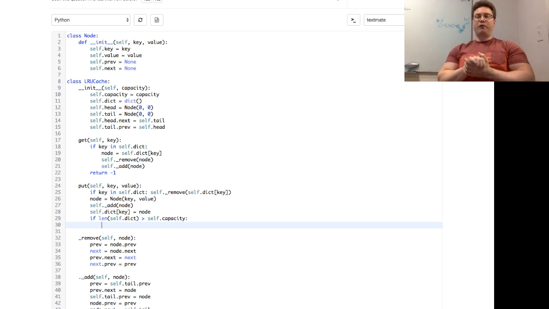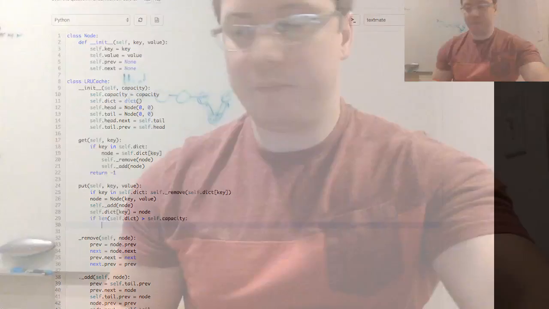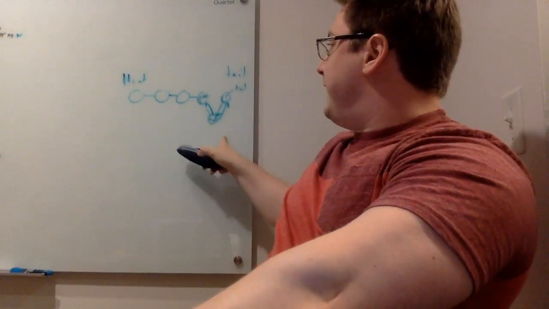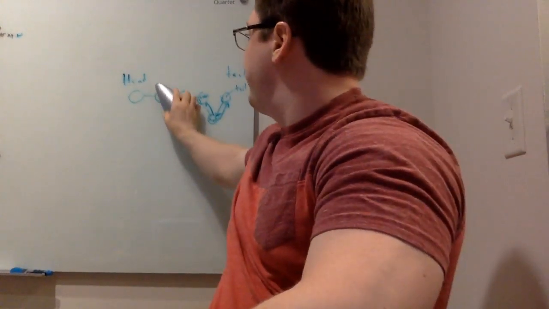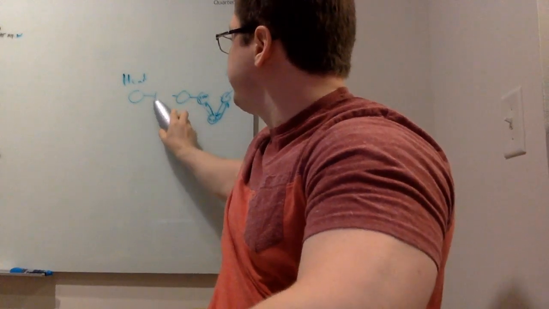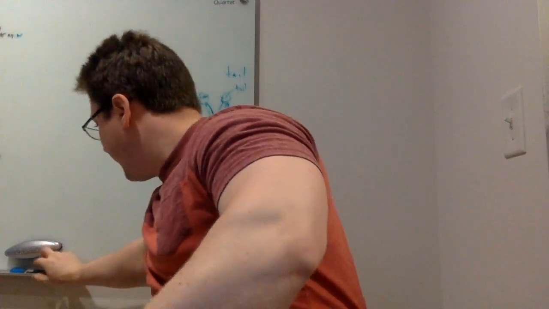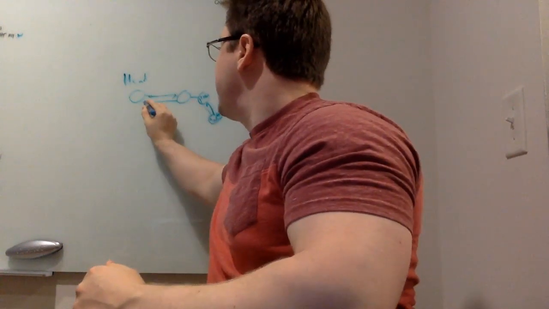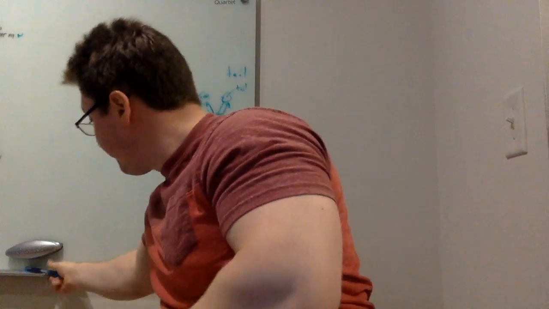And like we talked about before, we're removing from the head. So if I go to the big board, if I did this step where I added this now, I'm going to remove this node right here. And that'll be redrawn like this. So that's how we remove. We're removing from the head.